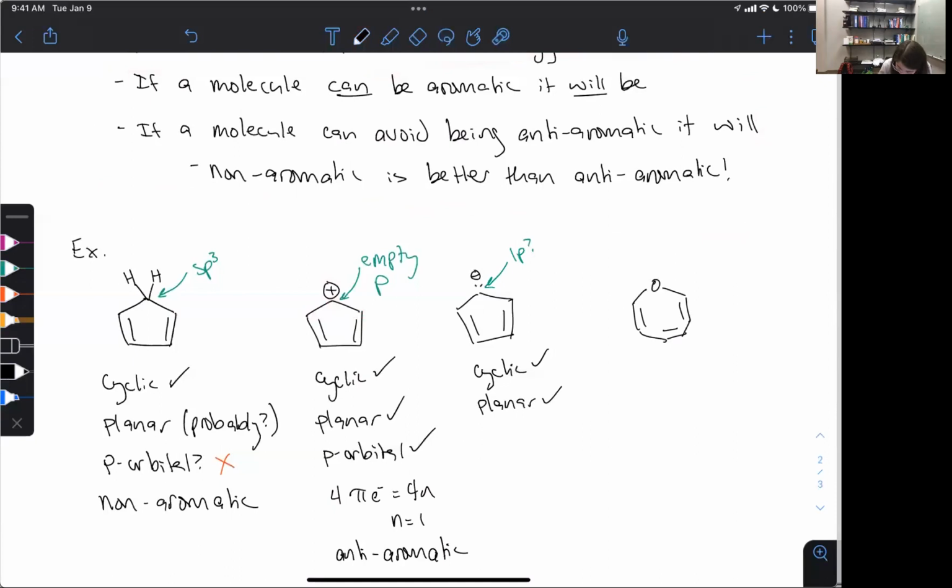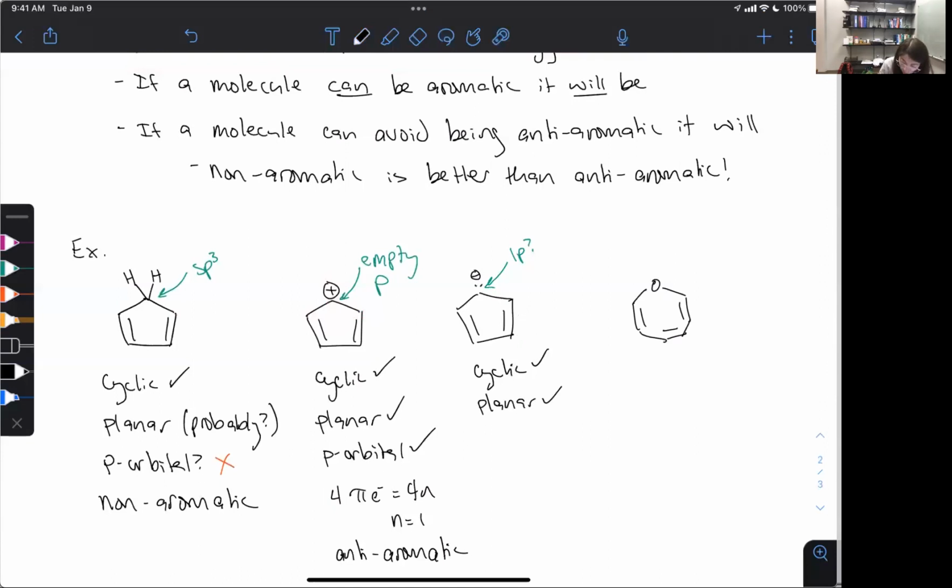So let's put it in the p orbital for now, and then we're going to count it as part of our pi electrons. That's assuming I can do resonance with that lone pair, go into my pi system with it, and it is part of that conjugation system.